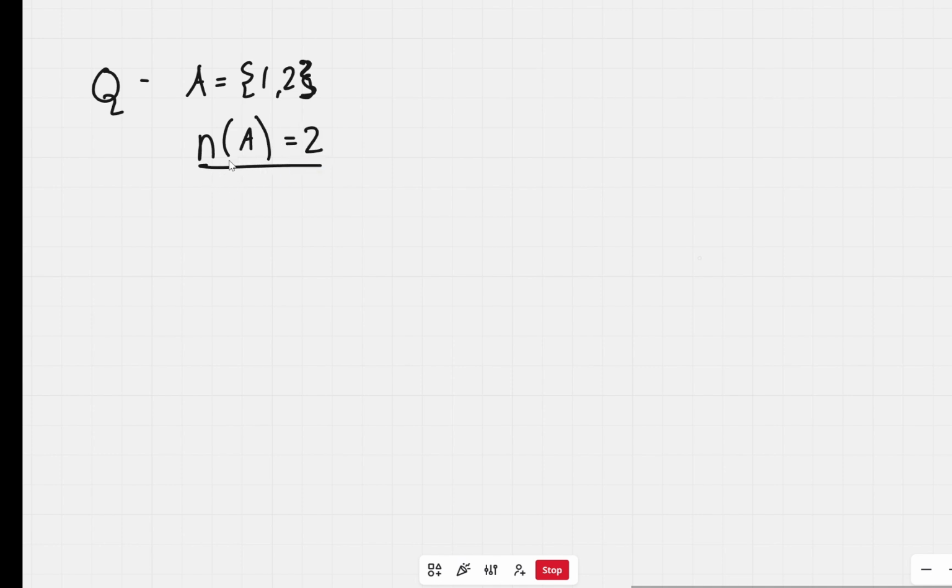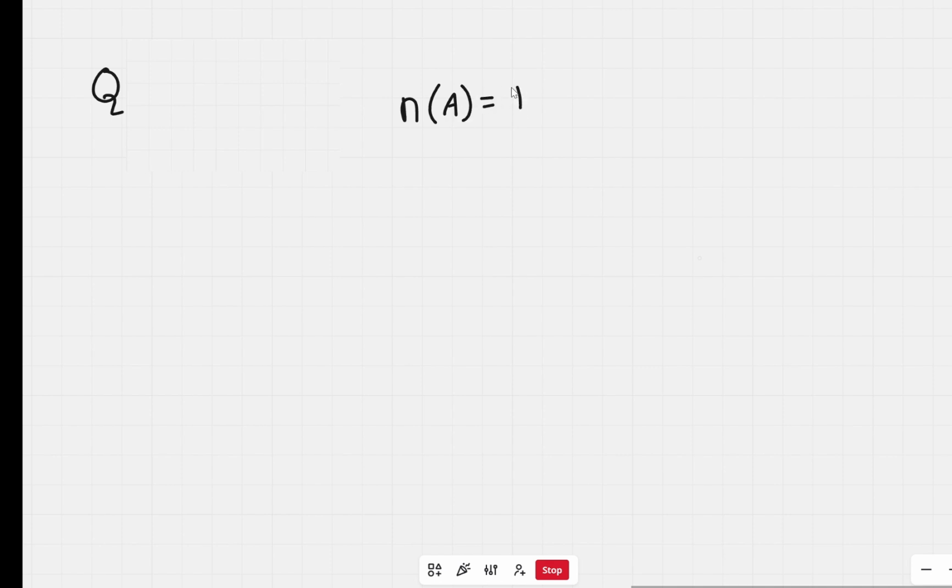This tells us the number of elements of A without telling us what the elements are, because in some questions we don't require the elements, we just need the number of elements present. So this is the notation: n of A, the number of elements in A, is equal to 2. Same goes in this question, the number of elements in A is equal to 4.